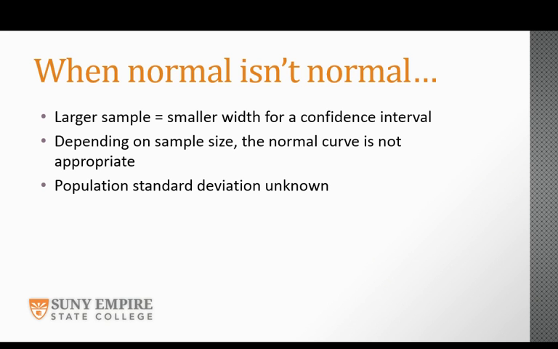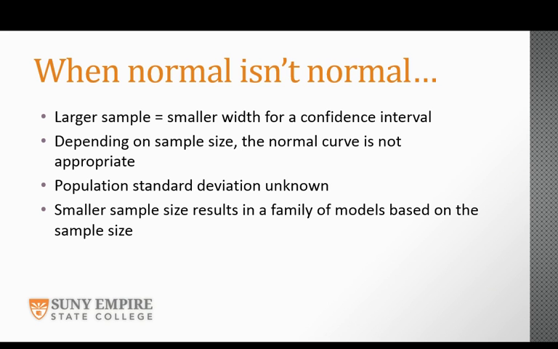With the normal approximation, we also made a major assumption, that we knew the population standard deviation. Even if we do not know the population standard deviation, we would often assume it to be equal to the sample standard deviation. For large sample sizes, this is actually fairly accurate. But what happens when the sample size is smaller?